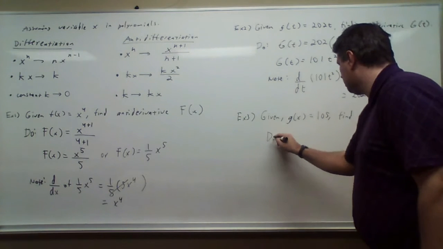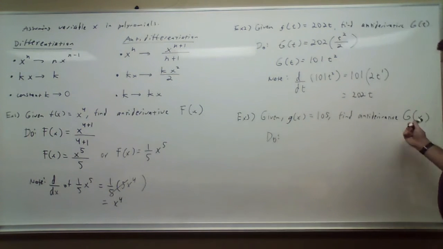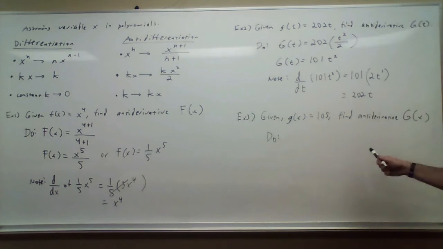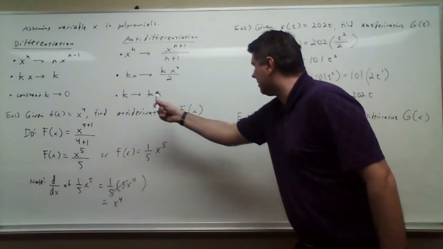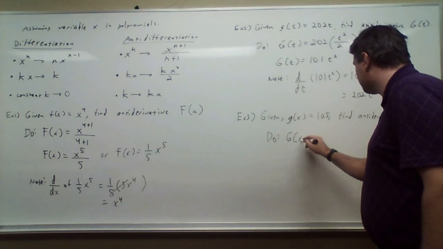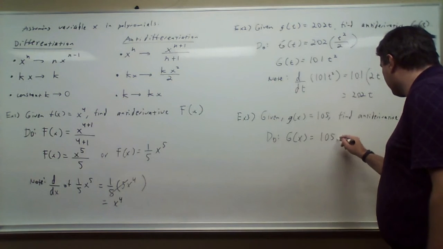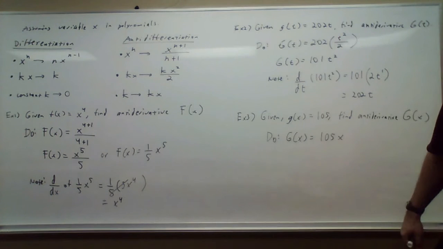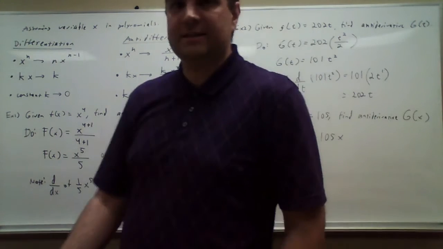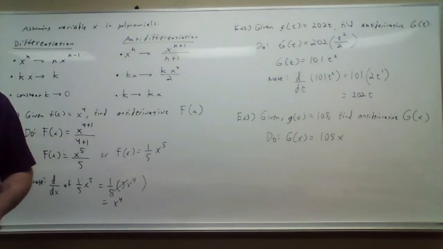We are told that the variable is x. Okay? We're told the variable will be x. The antiderivative of a constant is the constant times x. Okay? All right. What's this used for? Integration.